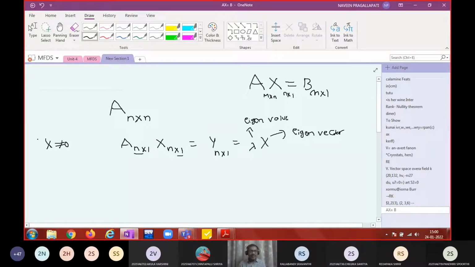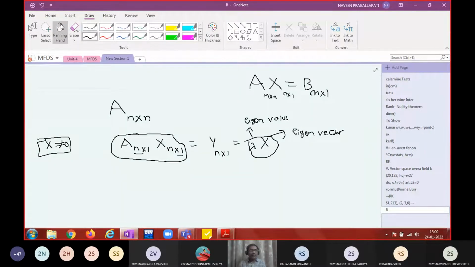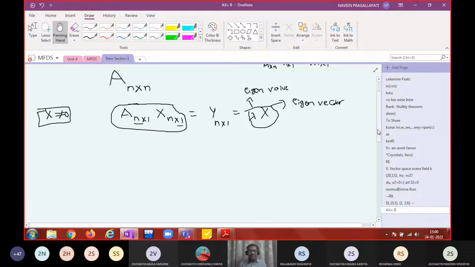Okay, basically eigenvectors are non-zero vectors satisfying this condition. Okay, Ax equal to lambda x. Okay, if you cannot write this output as a multiple of the same original vector, then this cannot be called as a eigenvector. So it is obvious that not every vector is an eigenvector of a given matrix. Okay, so we want to find out all the eigenvectors corresponding to the matrix.